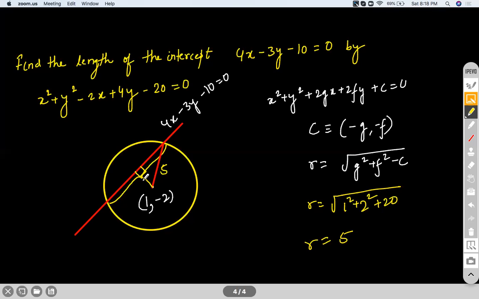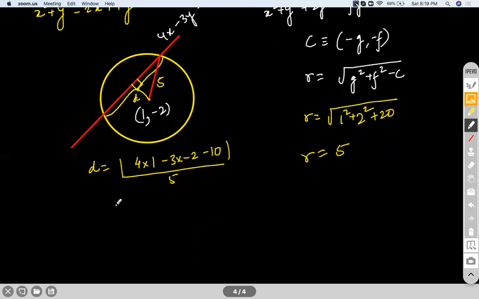Use distance formula. So this becomes 4 plus 6 minus 10. It became 0.